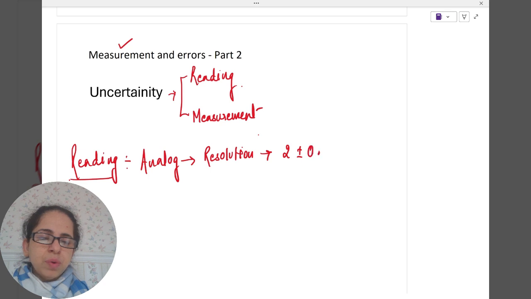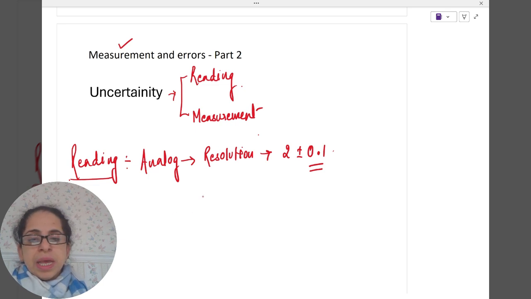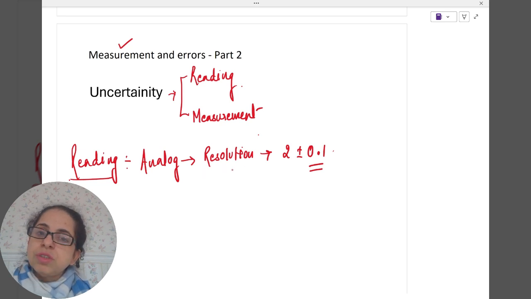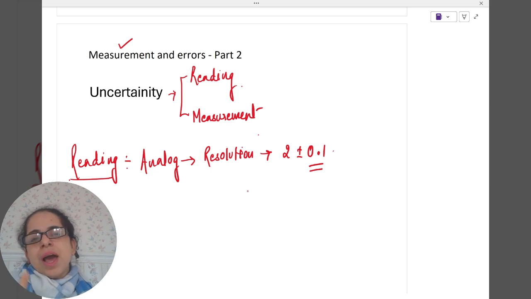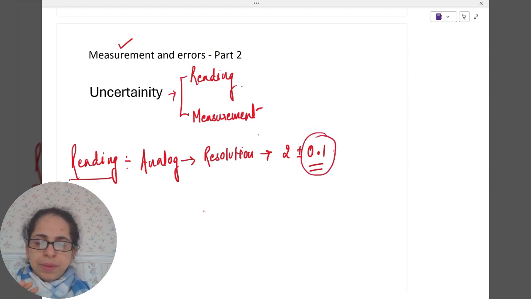So you're just converting into centimeters. This is plus or minus, this is my uncertainty. What is resolution? The smallest value your analog instrument can measure, that is the resolution. So that is my uncertainty.